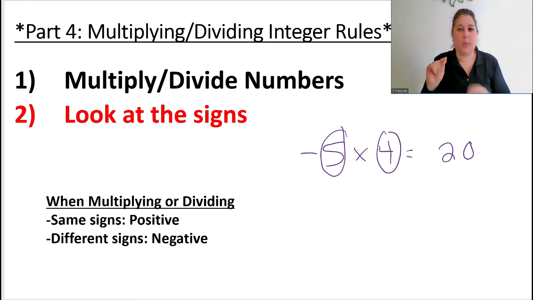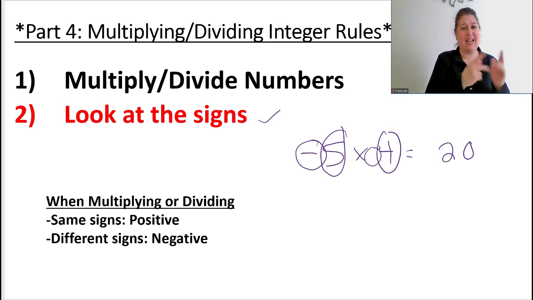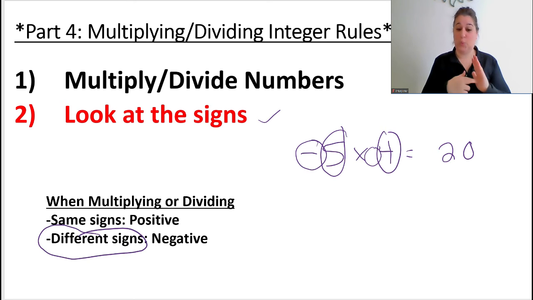Now look at the signs. A negative times a positive. Ooh, what is that going to be? Okay, that's what it says right here. If the signs are different, your answer is always going to be negative.